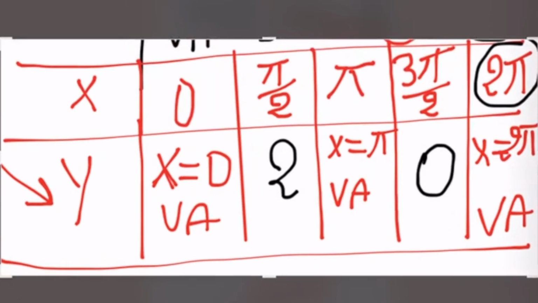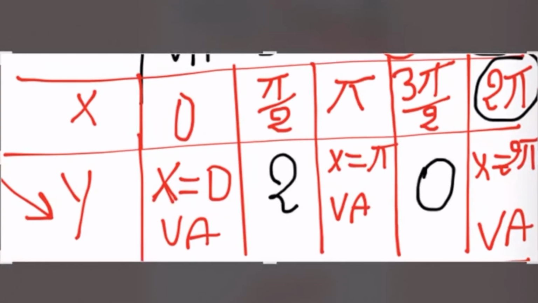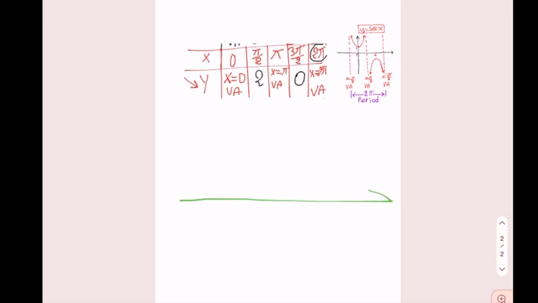All I need now is to use this table and graph. So I set my x-axis and y-axis. I need to move it to the left because I start from 0. x equals 0 is a vertical asymptote. This is my first asymptote. Always start with the asymptotes.